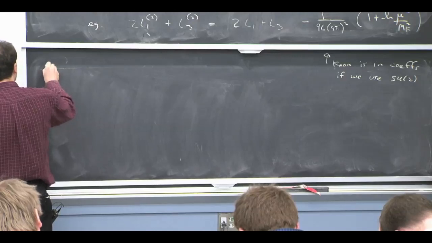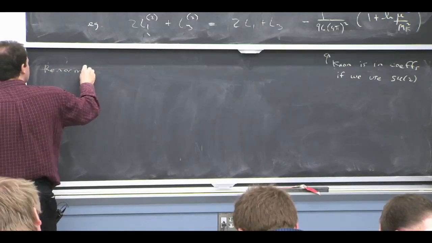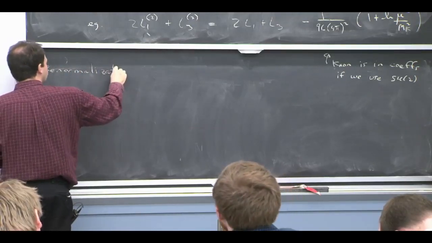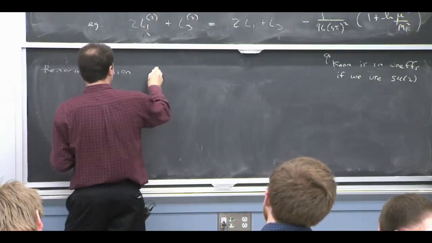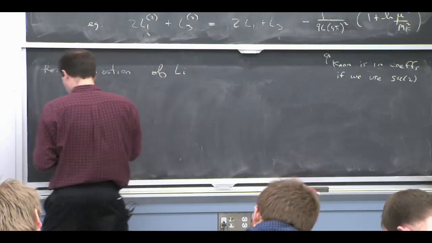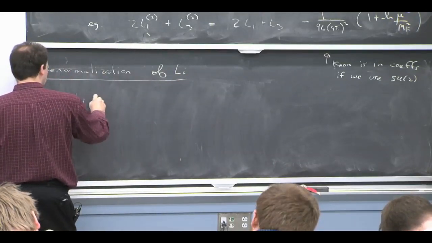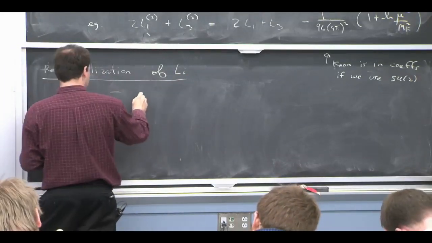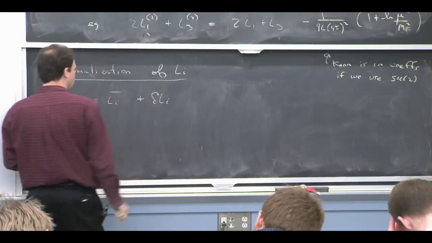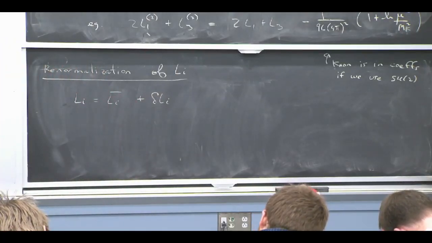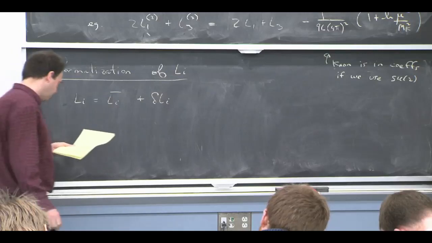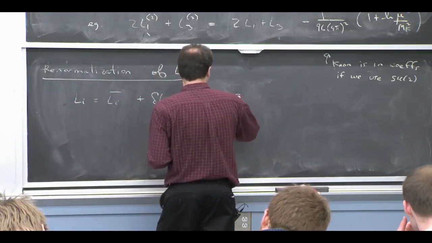OK, so just like in SU2, we have to go through a renormalization of the LIs. And you can think of that by writing a formula like this one. Bare Li is equal to some renormalized one, which I put a bar on top of, and then a counter term.